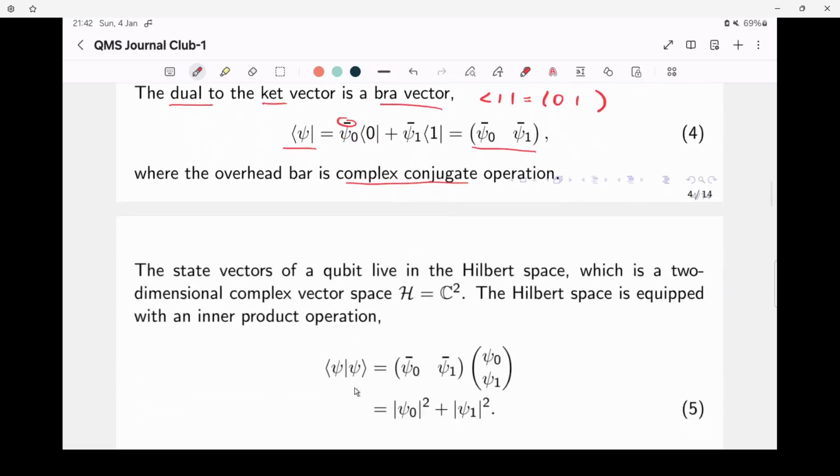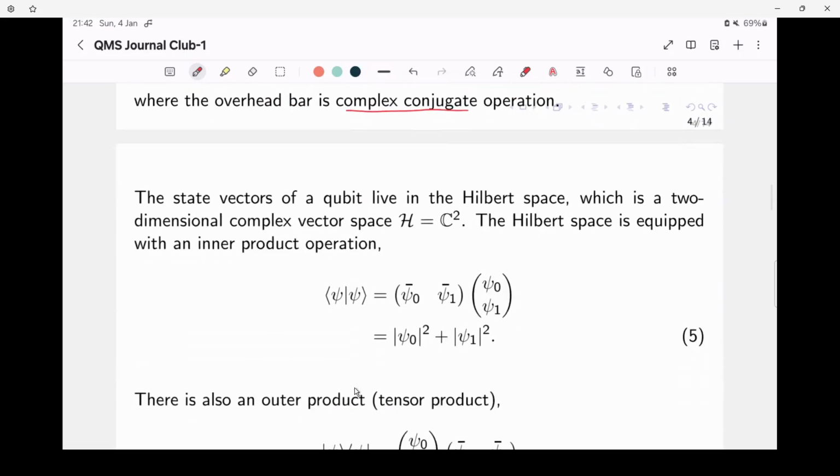So the next thing is that we also know that the state vector of a qubit basically lives in the Hilbert space. If right now this is too complicated for you to understand, you don't need to use the word Hilbert space.